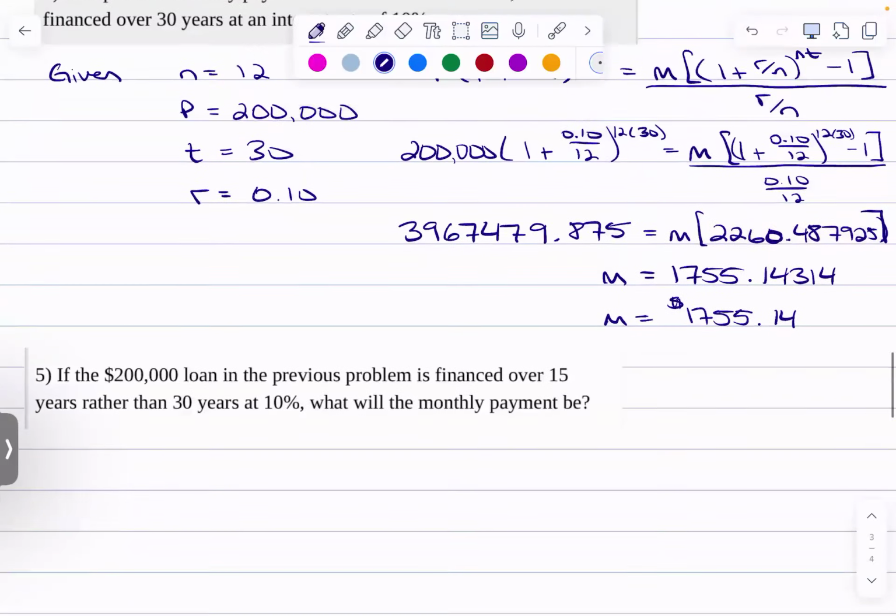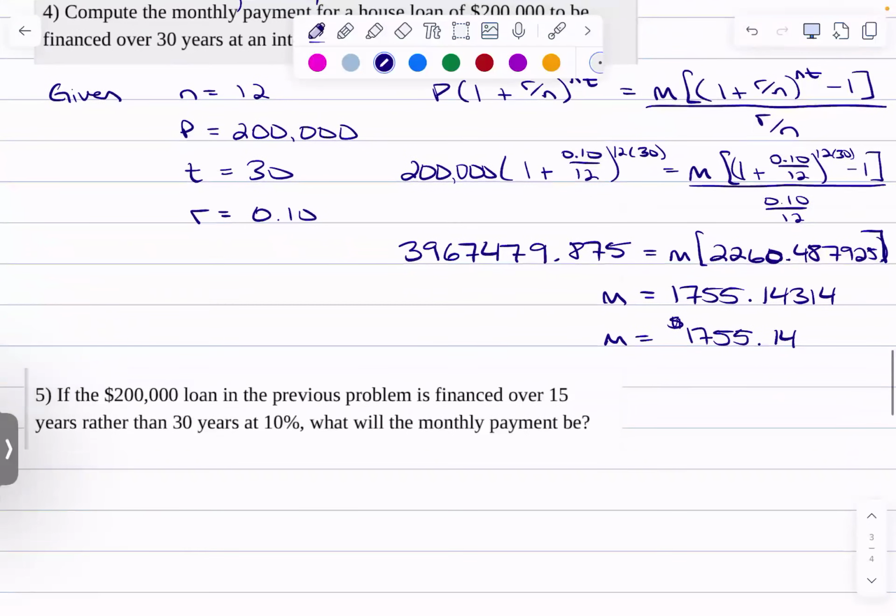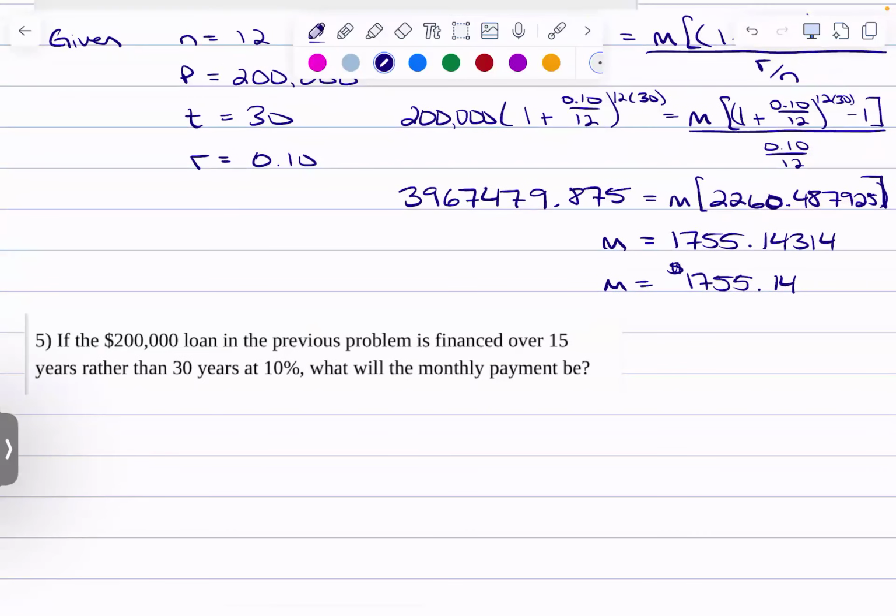Hey, turns out I didn't need to do 4. I should have read the whole problem. I've been conned.